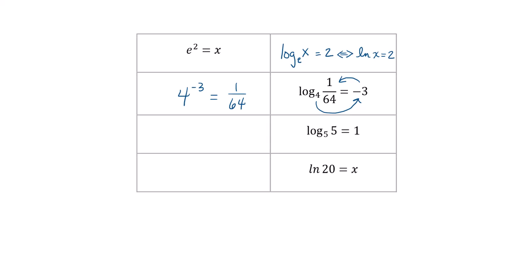So this means for us 5 to the 1 equals 5. Here, the natural log of 20 equals x. Remember, the natural log has base e, so we're saying e to the x equals 20 in exponential form.